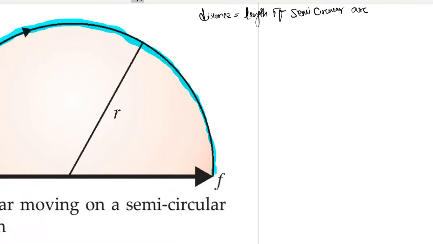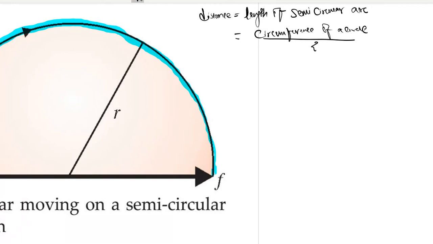Okay. Now what is the length of a semicircular arc? Length of a semicircular arc is the circumference of a circle divided by 2, right? Because it's half a circle. The circumference of a circle is the length of the boundary of the whole circle. This is just half a circle. That's why I divided by 2.